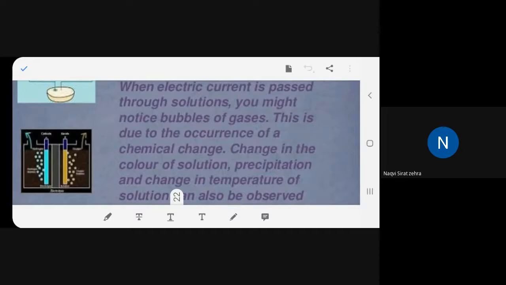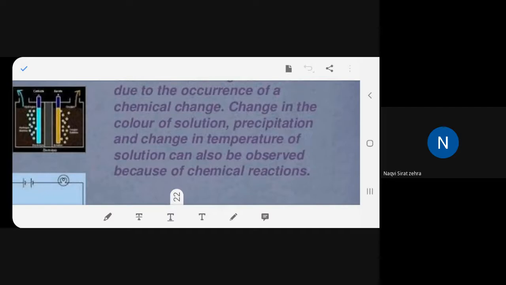Or the color of the solution being tested may change. There may be a cloudy formation, which is called precipitation, or the solution temperature may change. Either it will go cold or it will become warm.